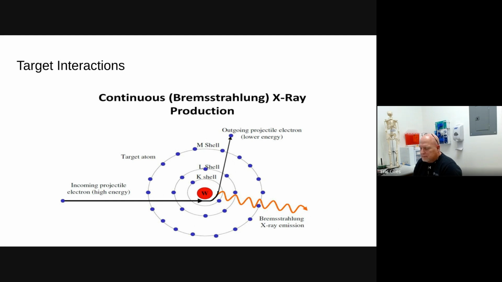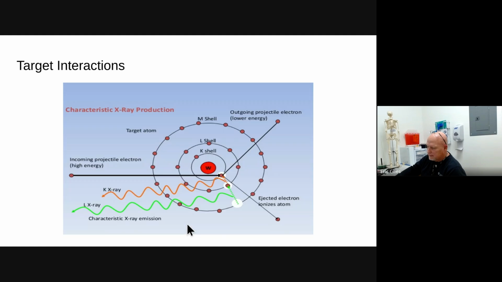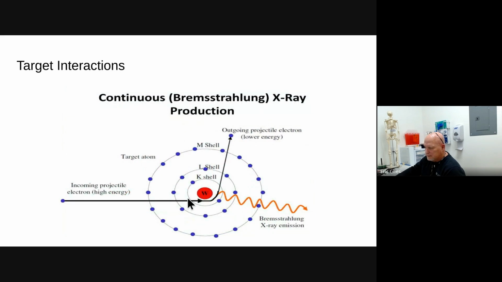And that's kind of what you need to know about the two of them. The characteristic is actually going to hit one of the electrons, okay, and knock it out of the shell, and it's replaced by an outer shell electron. So, and it's lower energy. Bremsstrahlung, it actually goes near or hits the nucleus, and depending on how close or if it hits is going to determine whether or not it's a higher energy X-ray emission.